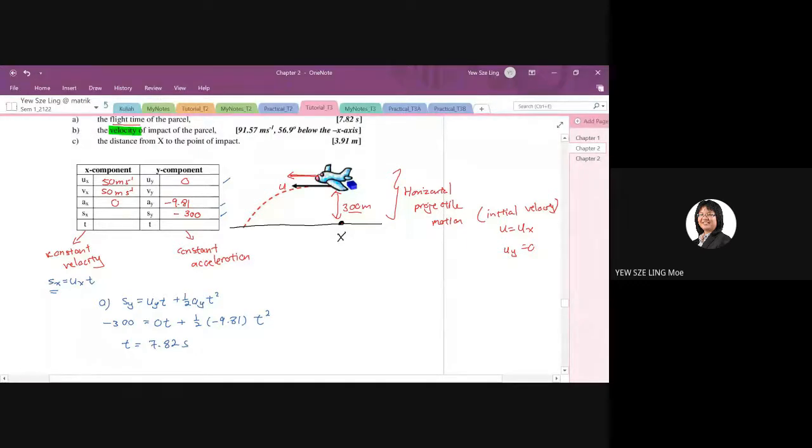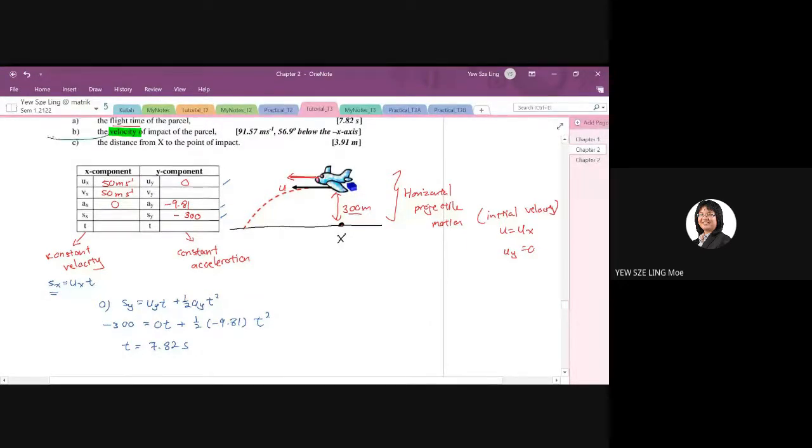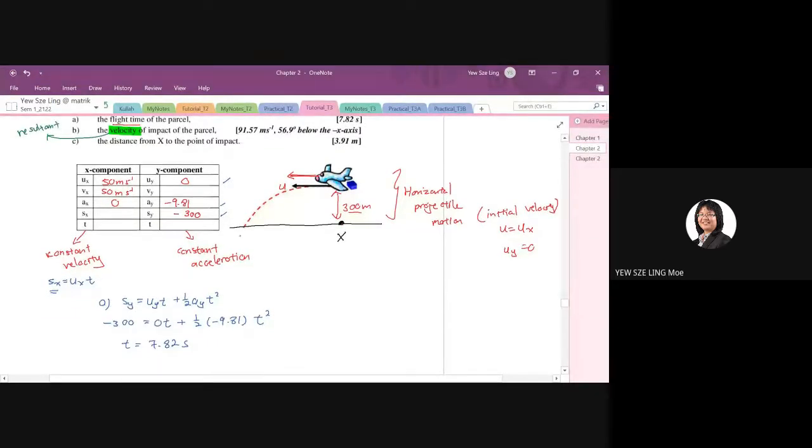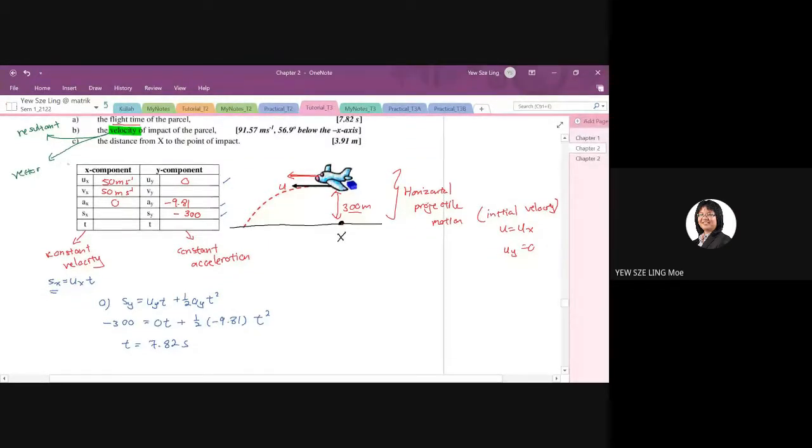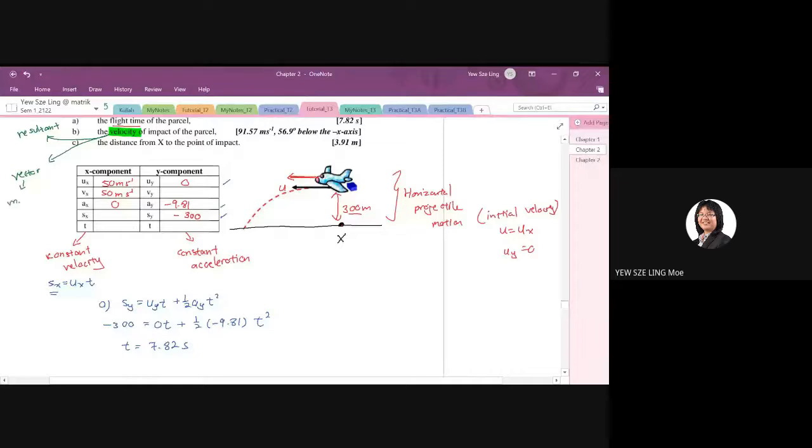We are going to calculate the resultant value. And since the question mentions velocity, the term velocity itself tells us it is a vector. So what does it mean by vector? It means you need to find the magnitude as well as the direction.